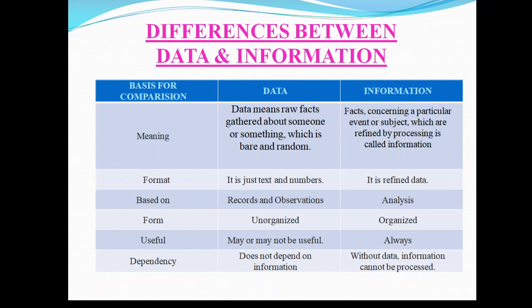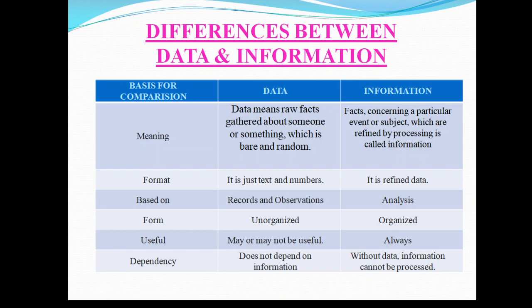We collect the data based on records and observations, whereas we gain the information based on analysis. And hence we can also say the data forms are unorganized, whereas the form of the information, that means the content of the information, is well organized.